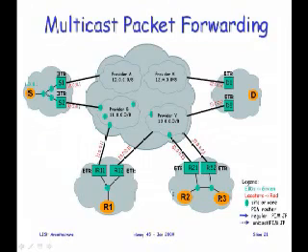Here's an example. Let's say the bottom two are receiver sites, and we have two receivers down here, one here, and that's the source that we want to join. Those green dots are PIM routers. We're assuming we have native multicast running in the core and at the sites. What happens is when this receiver down here joins SEID,G, because he got it from a directory or a web page or whatever, he's actually wanting to join the host.